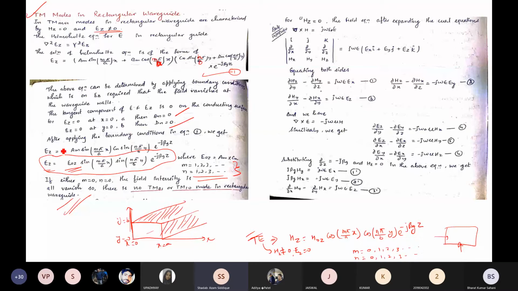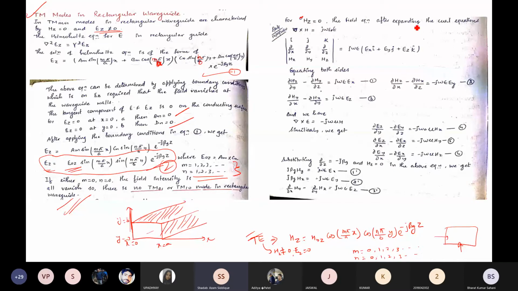Now we will proceed with this equation. The sixth equation will come into the picture. Now we have Ez, we got this equation number 2, you take this one. Now we have Hz equal to 0.